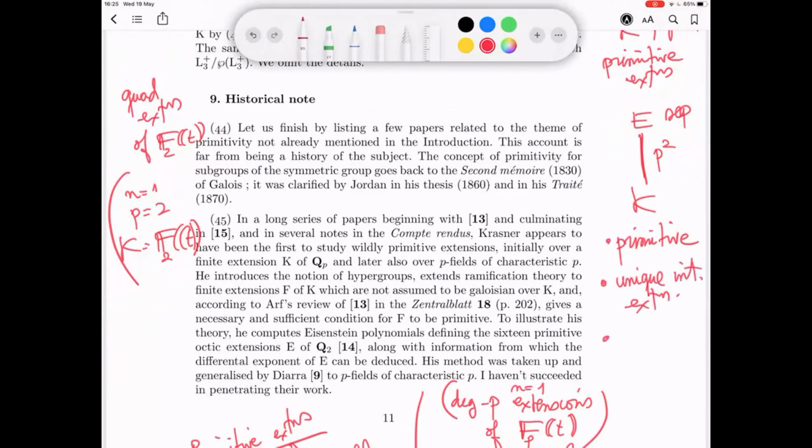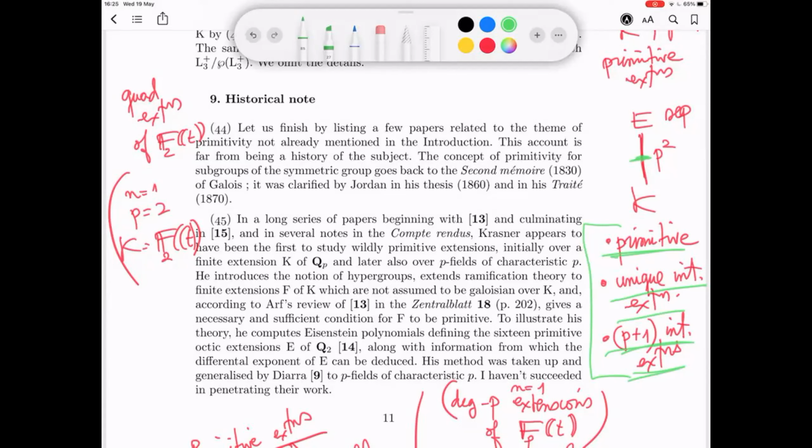And the third possibility is that, in fact, there are p plus 1 intermediate extensions. So first you have to convince yourself that there are only these three possibilities. Either primitive, which means there are no intermediate extensions, or there's a unique intermediate extension, or there are p+1 intermediate extensions. You can't have p-1 intermediate extensions or p intermediate extensions or something.